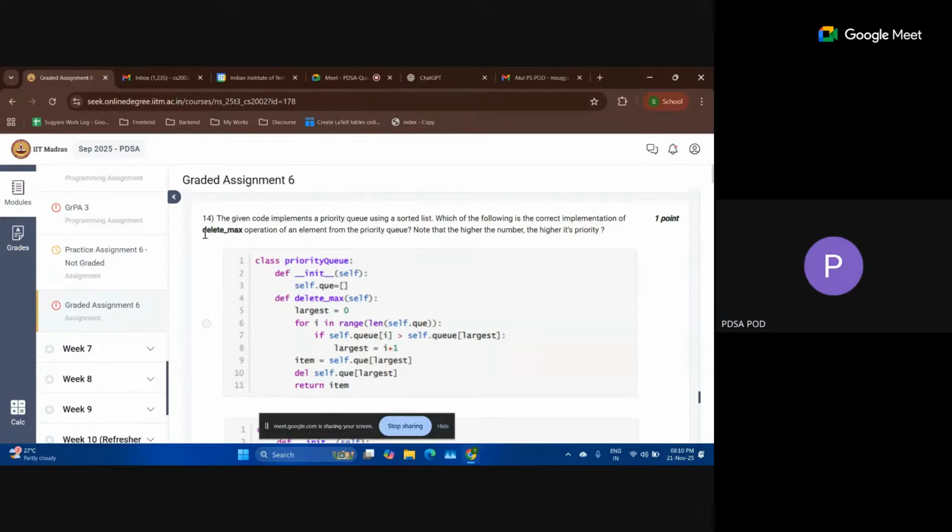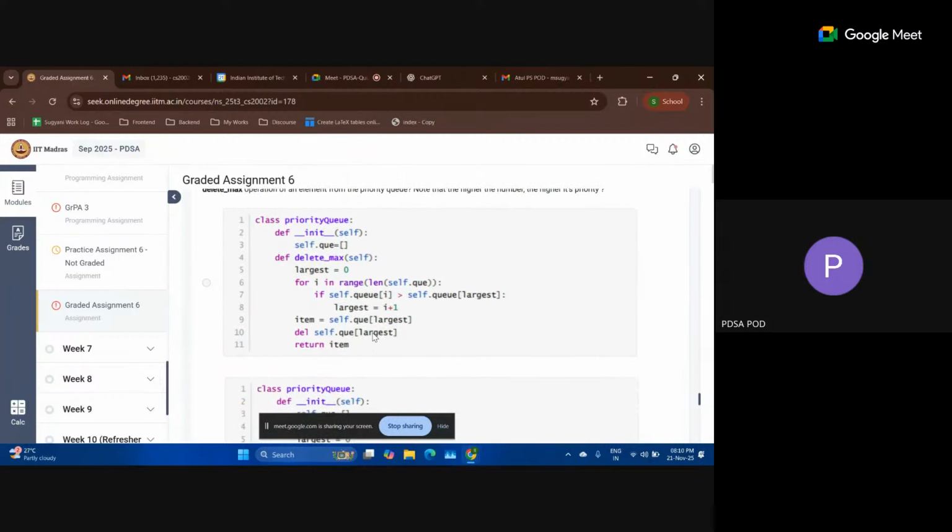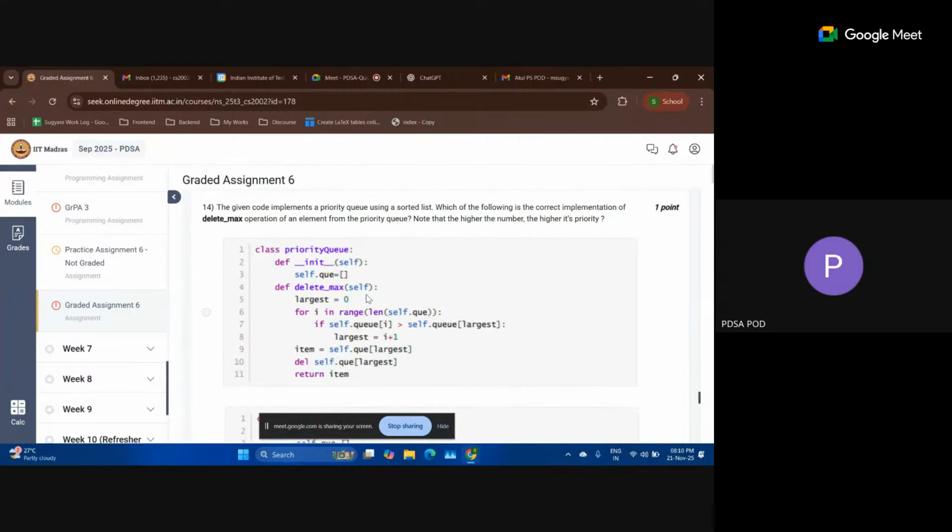Because it is a priority queue, you are deleting the maximum element, which is basically the same as the DQ operation. So you have to remove the element with the highest priority from the queue. That's the question. What exactly is your doubt here?